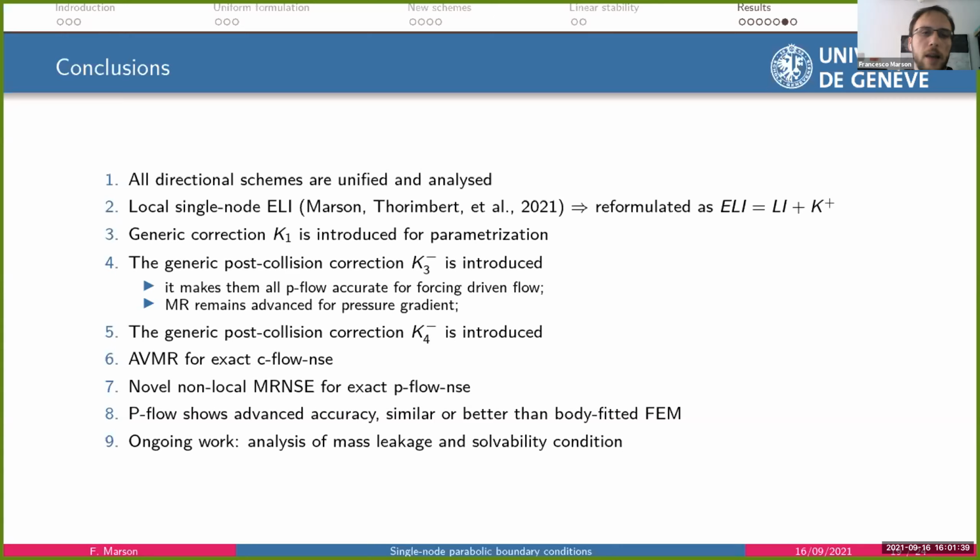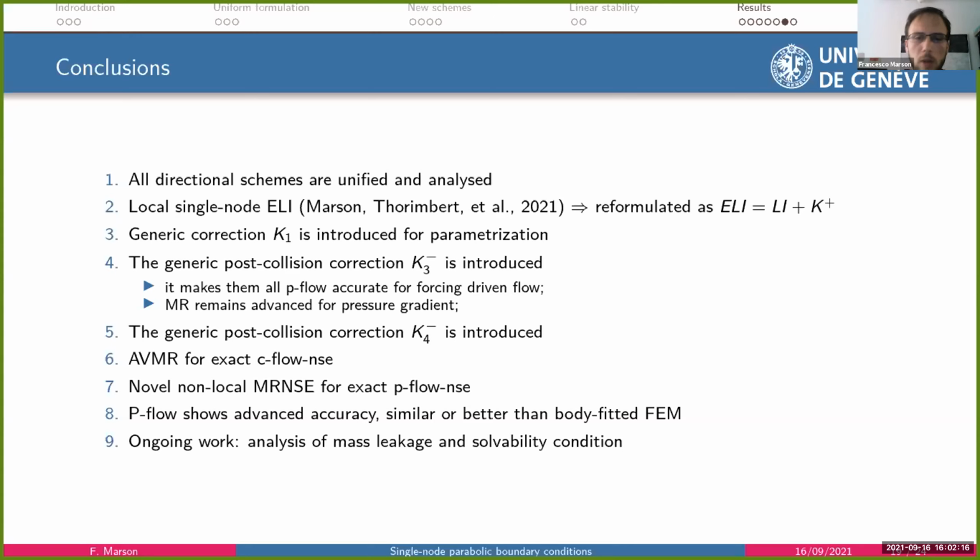We have applied the K1 correction for parameterization to all the schemes, and then we developed two new corrections able to provide parabolic accuracy at steady state Stokes flow and linear pressure at steady state Stokes flow. Then we also analyzed advanced multi-reflection schemes like the AVU-MR that is exact in C-flow Navier-Stokes, and the newly developed MR-NSE that will be exact for P-flow Navier-Stokes.